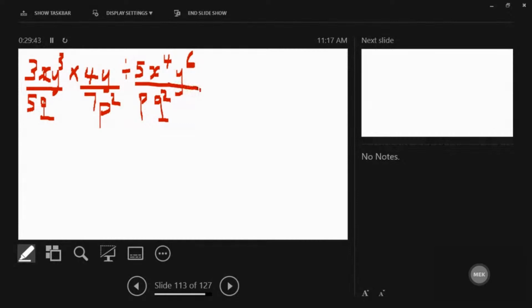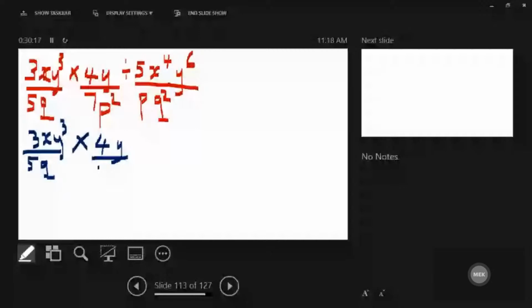We have a multiplication and a division. We know that we're supposed to rewrite once it involves the division. So this part is fine. These two fractions are fine. They're multiplying. We're going to write them as is. So 3x y cubed over 5q, times 4y over 7.